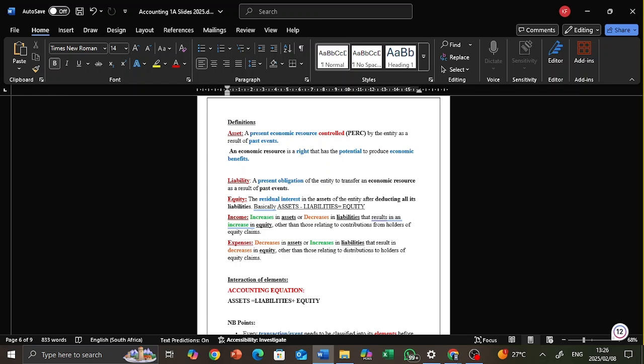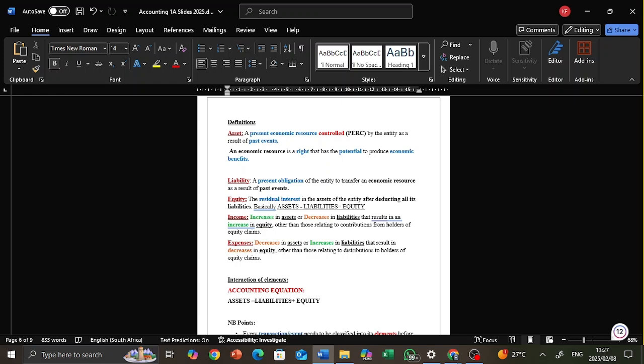Is this the same as retained income? No, guys. I want to announce something. For those who did accounting in high school, you're going to need to learn to let go of most of the terminology, not the standard. Yes, we apply everything the same, but the terminology is completely different.